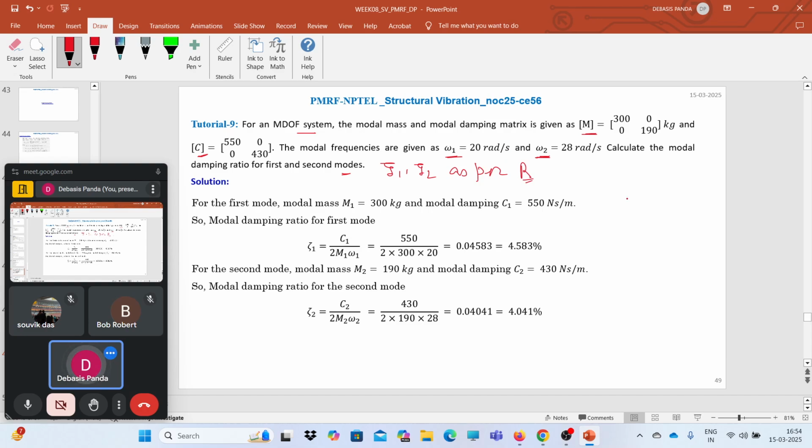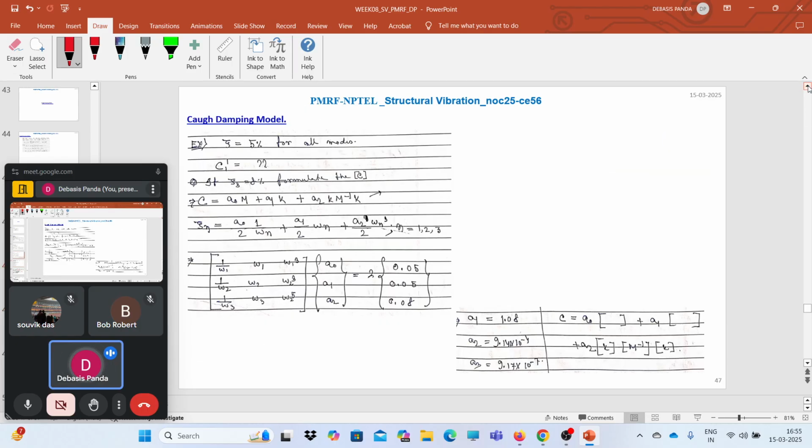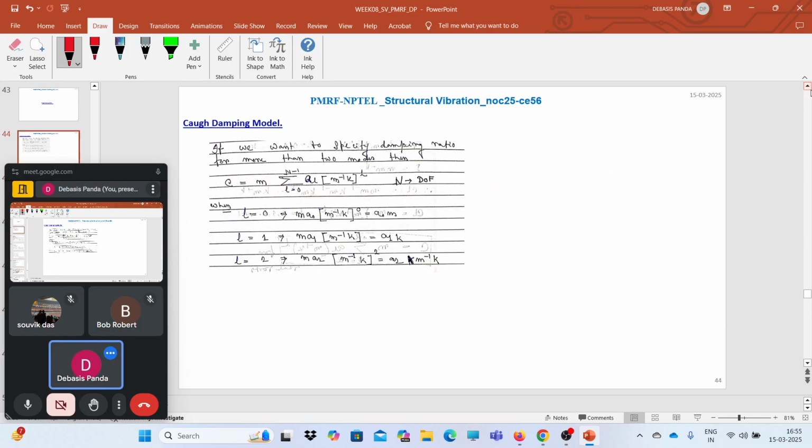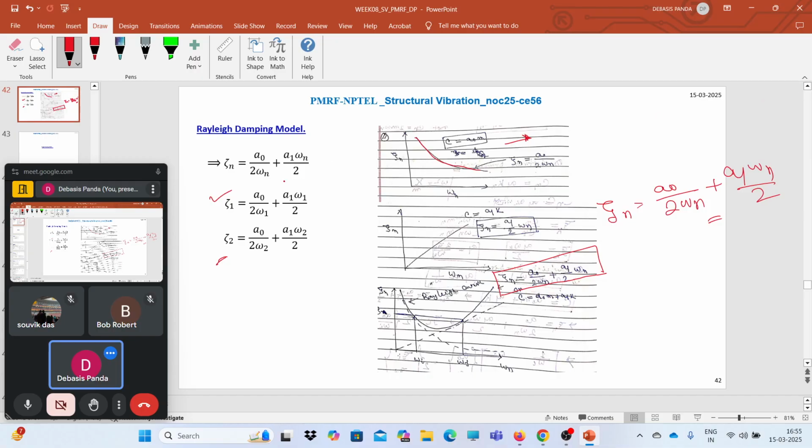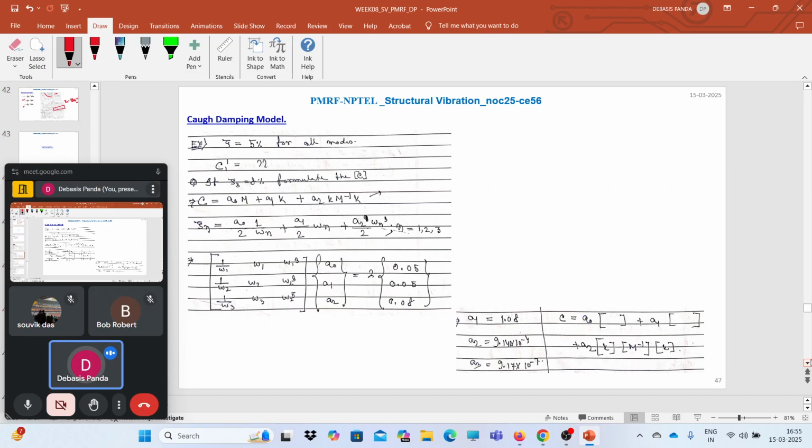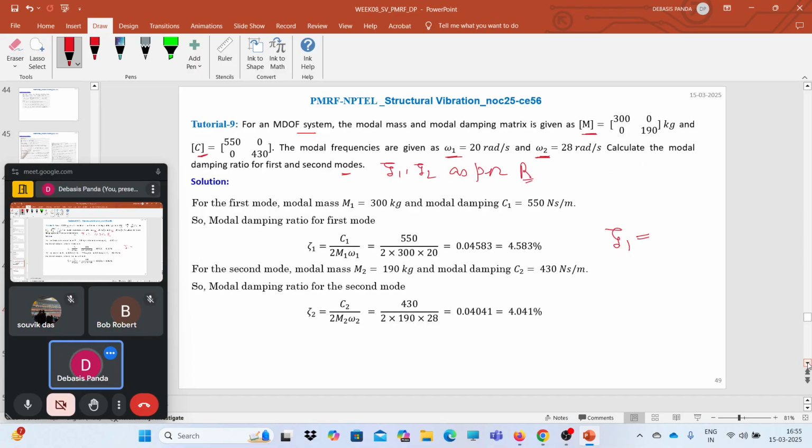We already have the expressions for zeta 1 and zeta 2: A naught by twice omega 1 plus A1 omega 1 by 2, and A naught by twice omega 2 plus A1 omega 2 by 2. You just need to replace the values and solve for the answers. Just cross check the answers.